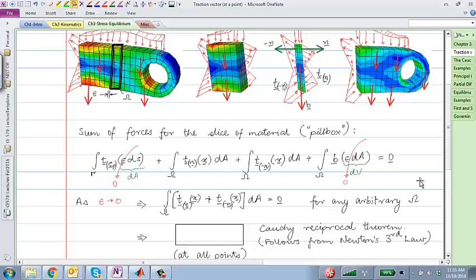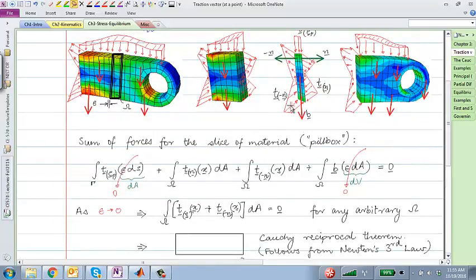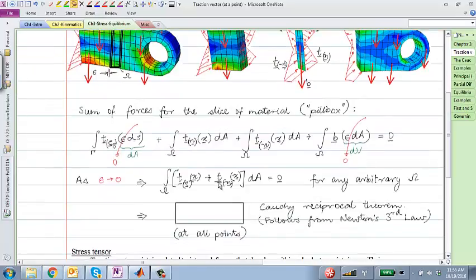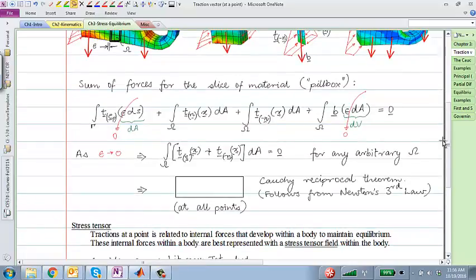Now one thing to note here is that this cross section that I defined is completely arbitrary. I did not particularly choose one slice, or I could have chosen a part of a slice in here and this traction condition would still hold, which means that since this integral goes to 0 for any arbitrary area, whatever integrand we have in here must go to 0 for any arbitrary area, which means immediately that t on a face with normal n will be equal to negative of t on a face with normal minus n.